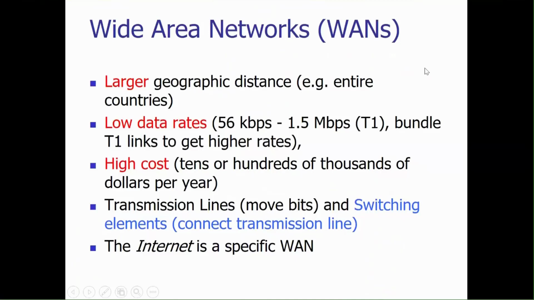We talked about the local area network, and the next one, as you would expect, is the wide area network. These are larger in size, typically the largest. Of course, you would expect low data rates, typically a minimum of 1.5 megabit per second in some countries.